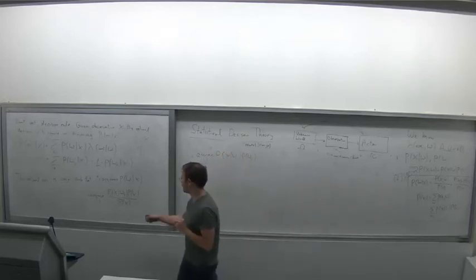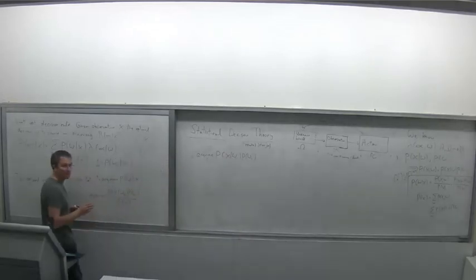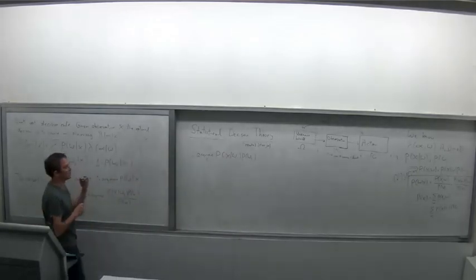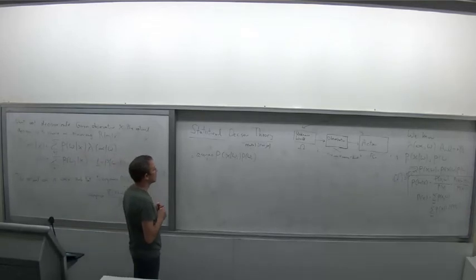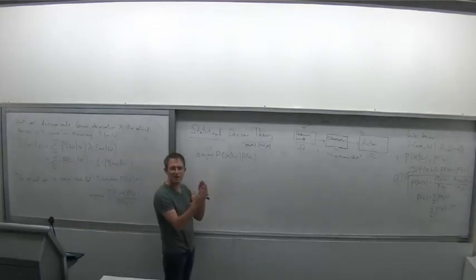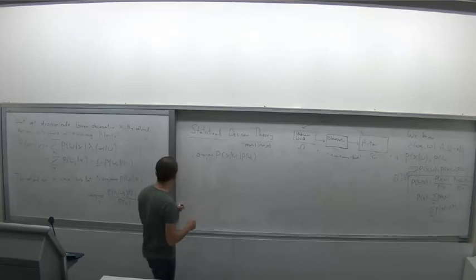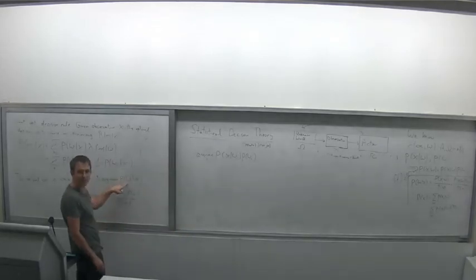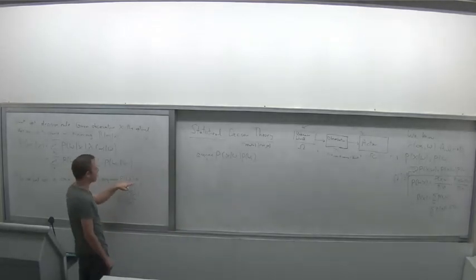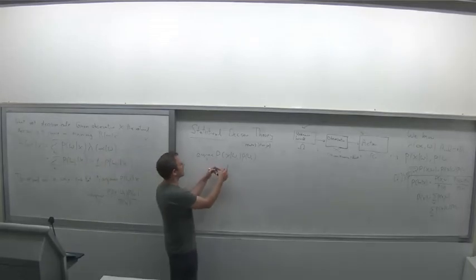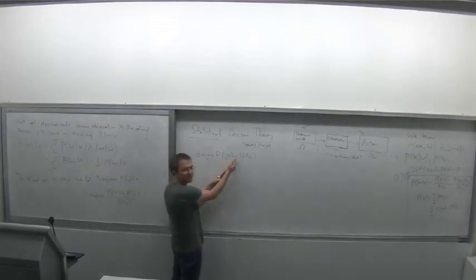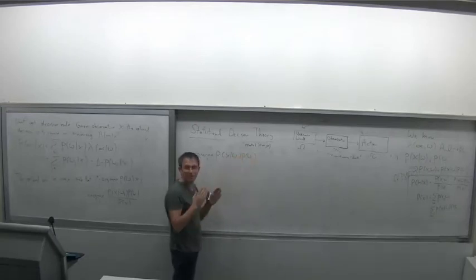Because P of x is just a multiplicative constant, it doesn't matter. So that's a further simplification. Now you see perfectly how these things are balanced, right? This we call the posterior of omega given x. It's made up of how likely x is given that this is what I meant to draw, times the prior probabilities that I do this.